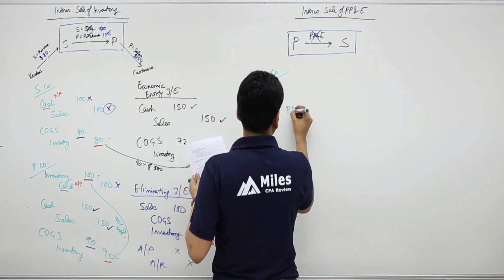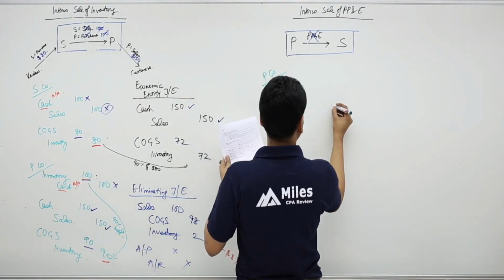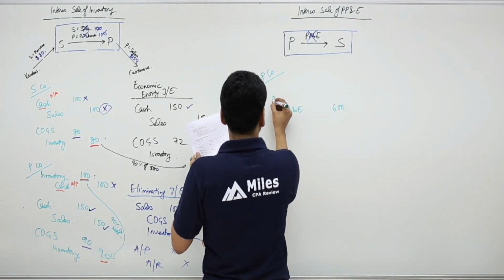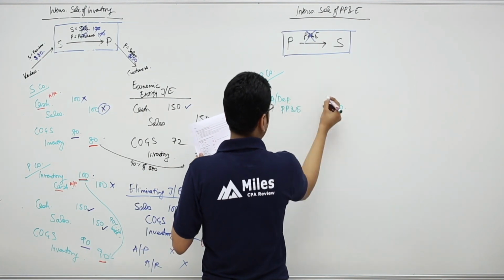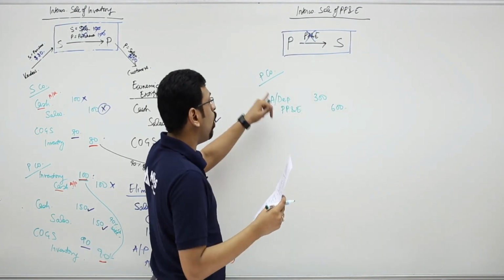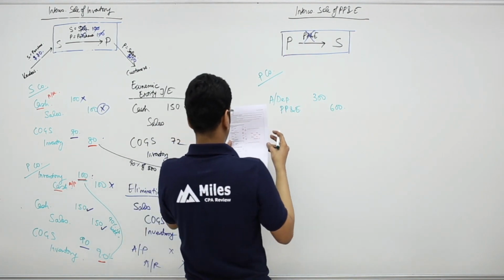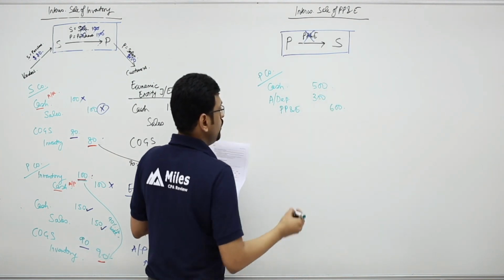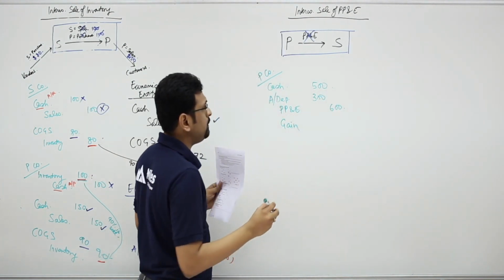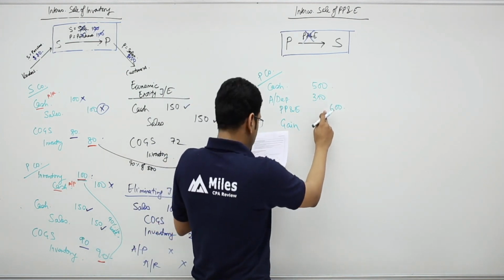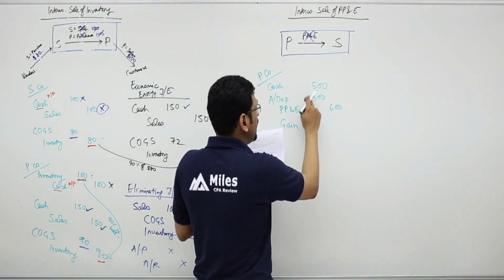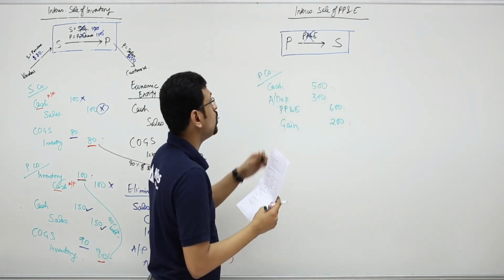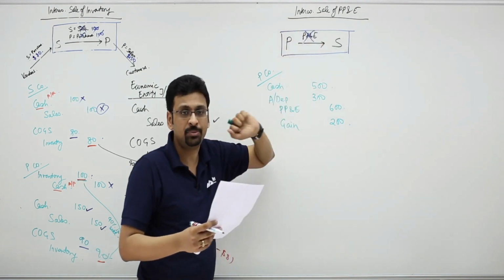They sold PP&E which had historical cost of $600 and the book value was 300 because they had accumulated depreciation of 300. So this went off the parent's books. Got in cash $500 for this. So they had a gain on sale of PP&E. They sold PP&E which was on a book value of $300 for $500. They had a gain of $200 on this sale of PP&E to the subsidiary.